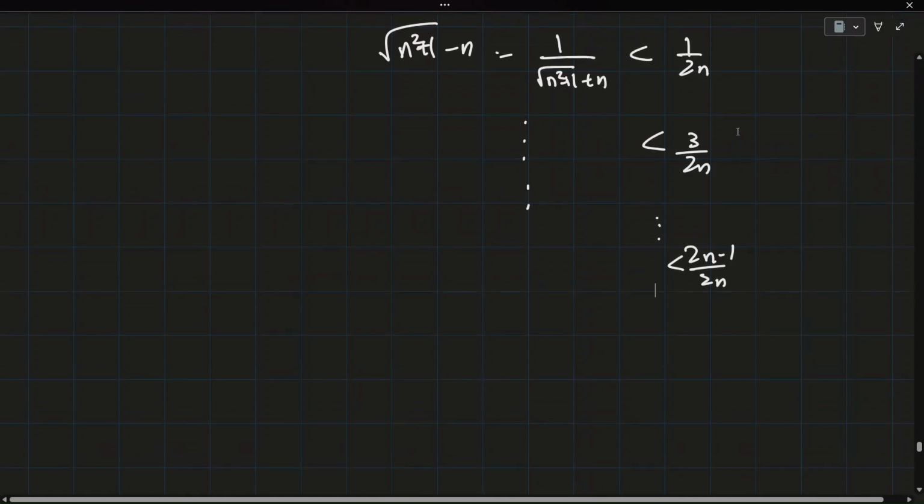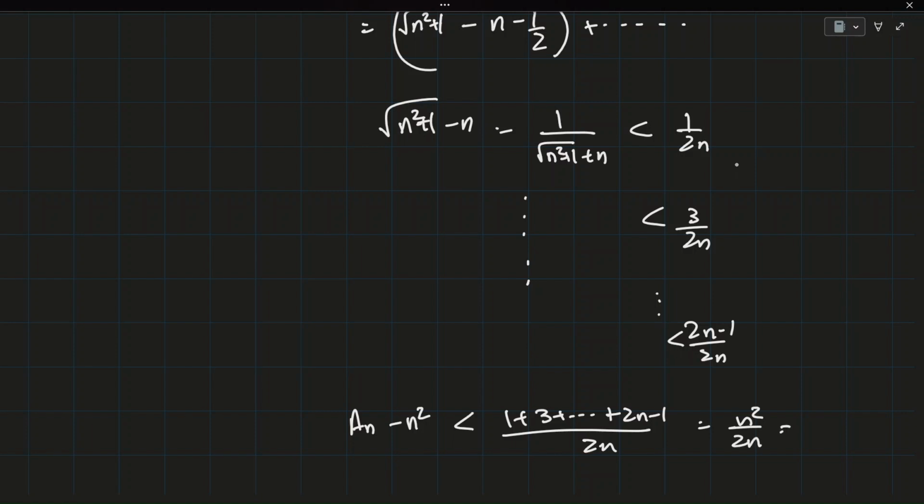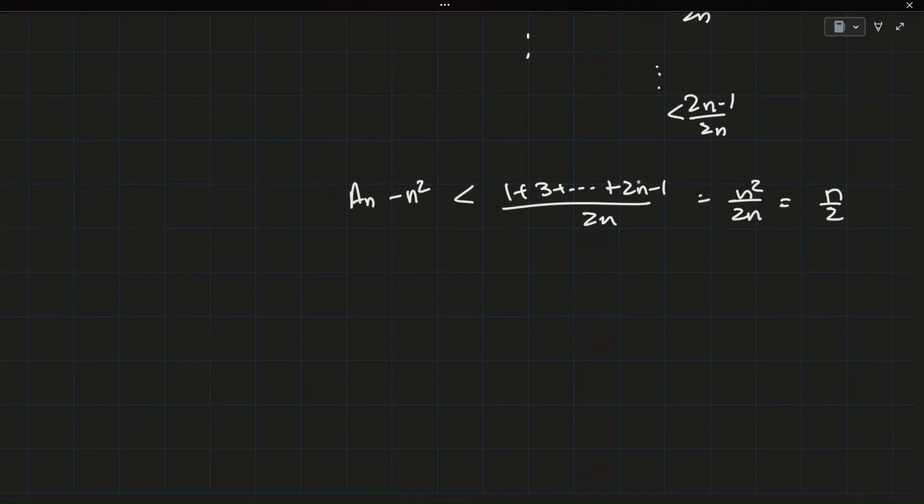Adding all of them up, we get that an minus n square is less than 1 plus 3 plus up to 2n minus 1 upon 2n, and this is n square upon 2n, which is n by 2. So this means that an is less than n square plus n by 2.